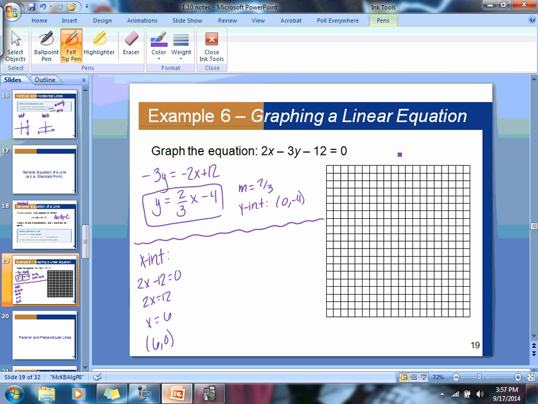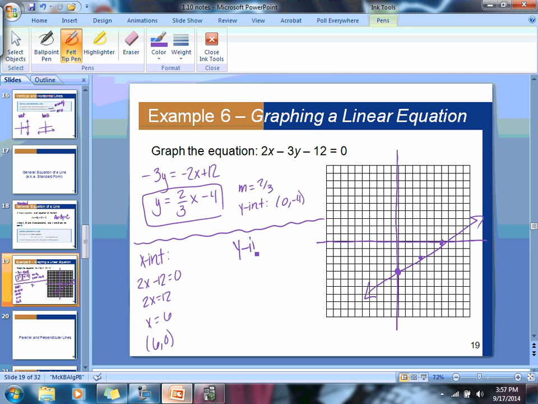Okay, so let's see, I had my axes in there. Okay, so I started at negative 4, 1, 2, 3, 4, and then I went up 2 and over 3, up 2 and over 1, 2, 3. There we go. I went over 2 before. Okay, so now I have my line. Okay, so now my x-intercept is 6, 0, so 1, 2, 3, 4, 5, 6. There we go. Now it's the same point that I had before.